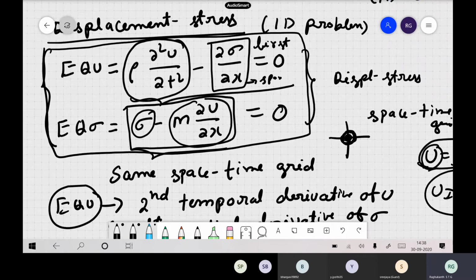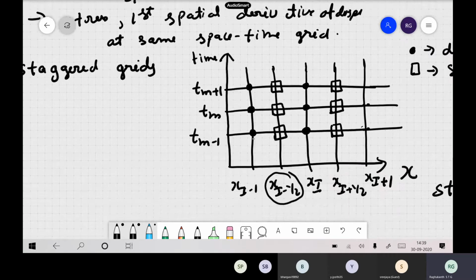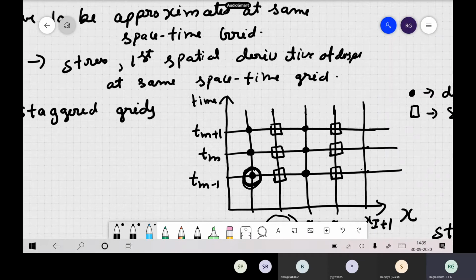You are not supposed to match displacement and stress. What is it that you have to match in the first equation? Suppose I take any grid point, this grid point I have taken here. What do I have to match here? See the equation.